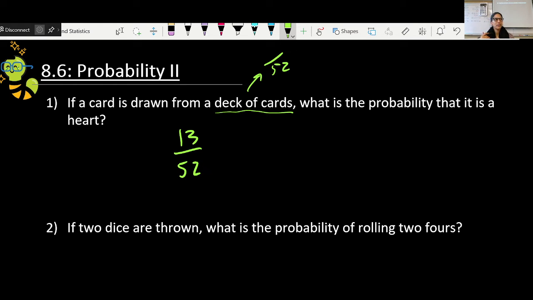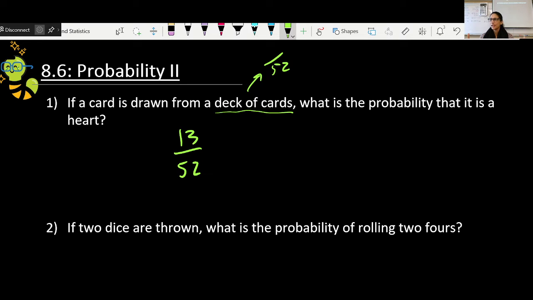I actually don't remember if we talked about this or if you've done this, but have you heard of or did you learn about sample space? What is sample space? Yeah, Richard? So it's like the total of all the possibilities, right? So what would be the sample space in this situation?